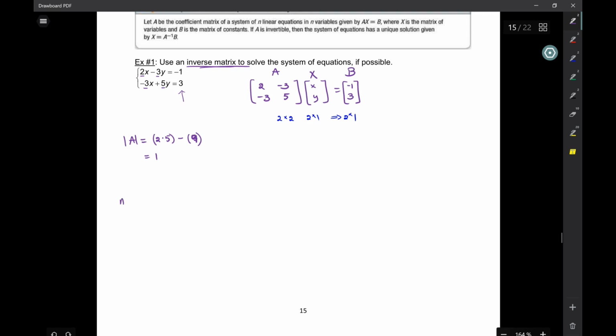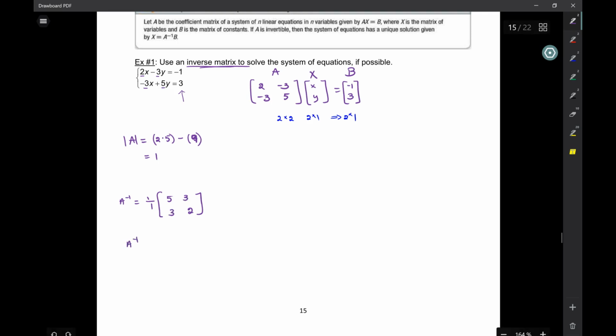Okay. So A inverse is 1 over that determinant, 1, times, okay, the main diagonal switch seats, so 5 and 2. The other diagonal just change signs, 3 and 3.